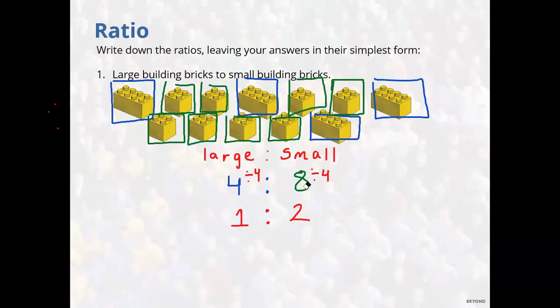When you're using words, doesn't the question have to say like 1 to that number? Or you could still use it no matter what, right? Because it's still the same thing. So we could say 1 to 2. That's the ratio. That could be an answer as well. It's saying the same thing.